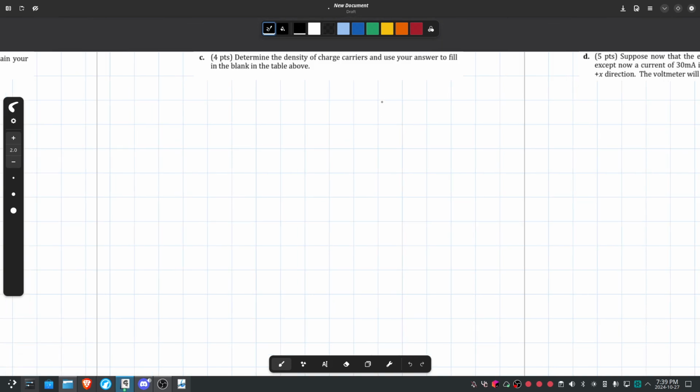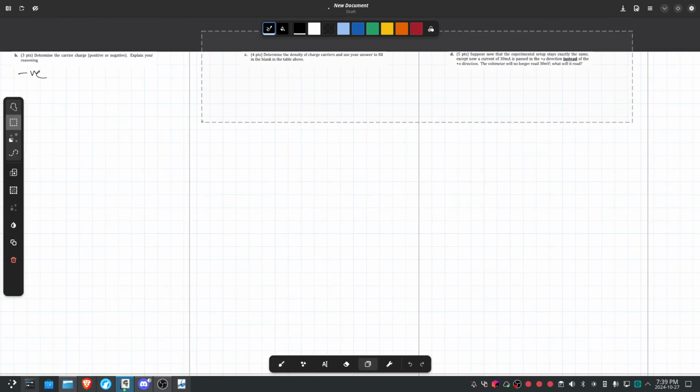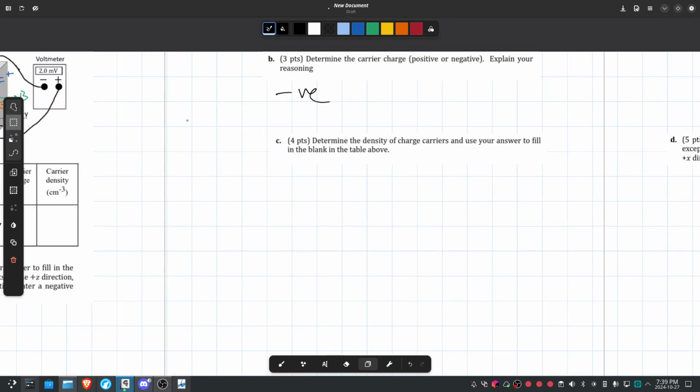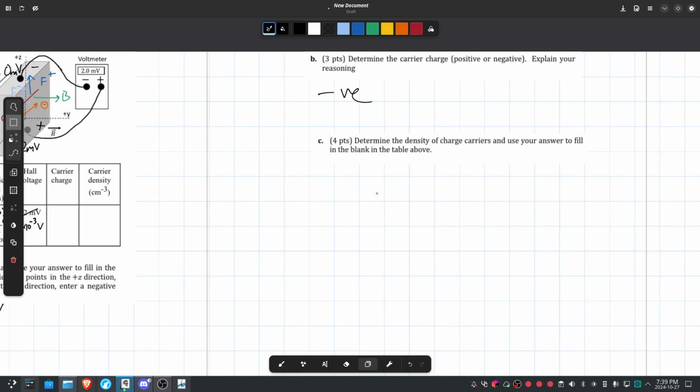Determine the density of charge. I'm just going to make this a bit simpler. Pull this down here. There you go. Determine the density of charge carriers and use your answer to fill in the blank in the table above. Okay, so this one might be a little bit tough.